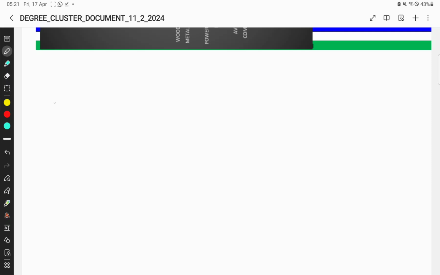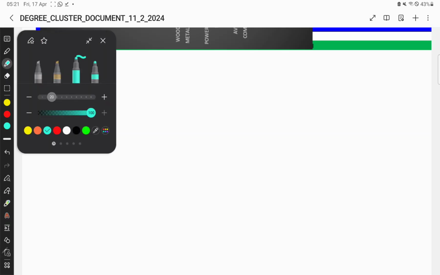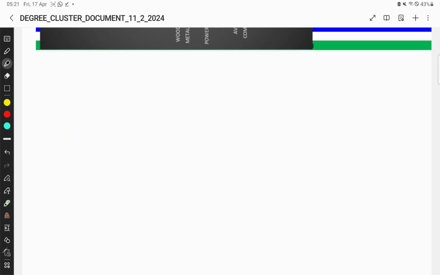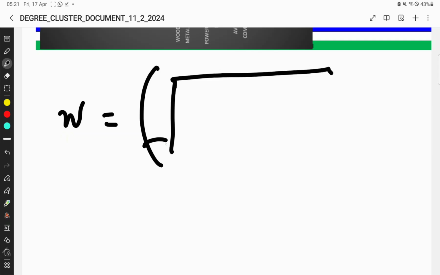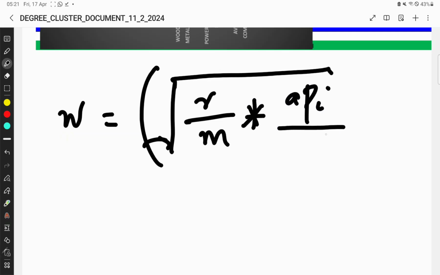Usually, for us to get the weight, it is given by considering a formula that is the square root of R over M times API over SPI.